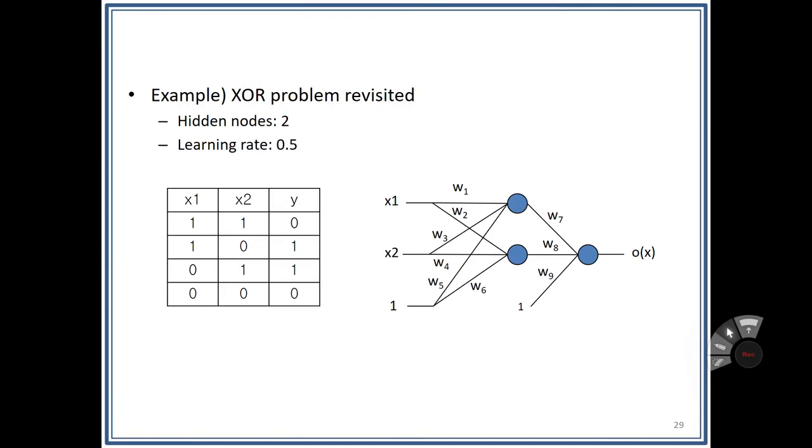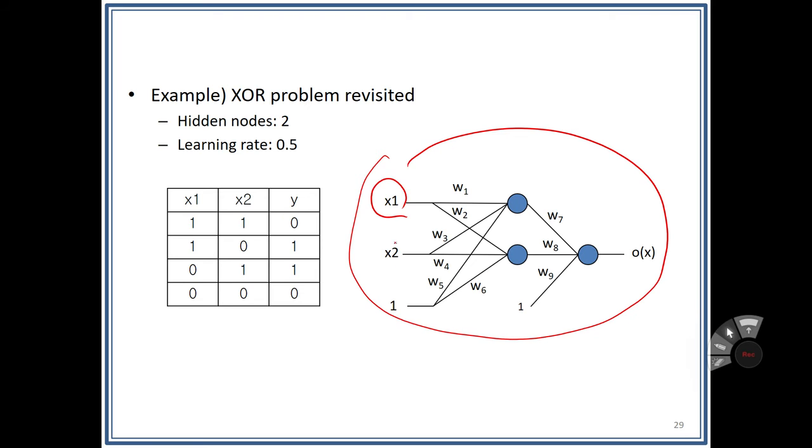Okay, then here is an example, the XOR problem that we took a look at at the very beginning of this slide. To solve this problem, what we actually make is this structure. There are two input nodes and two hidden nodes.